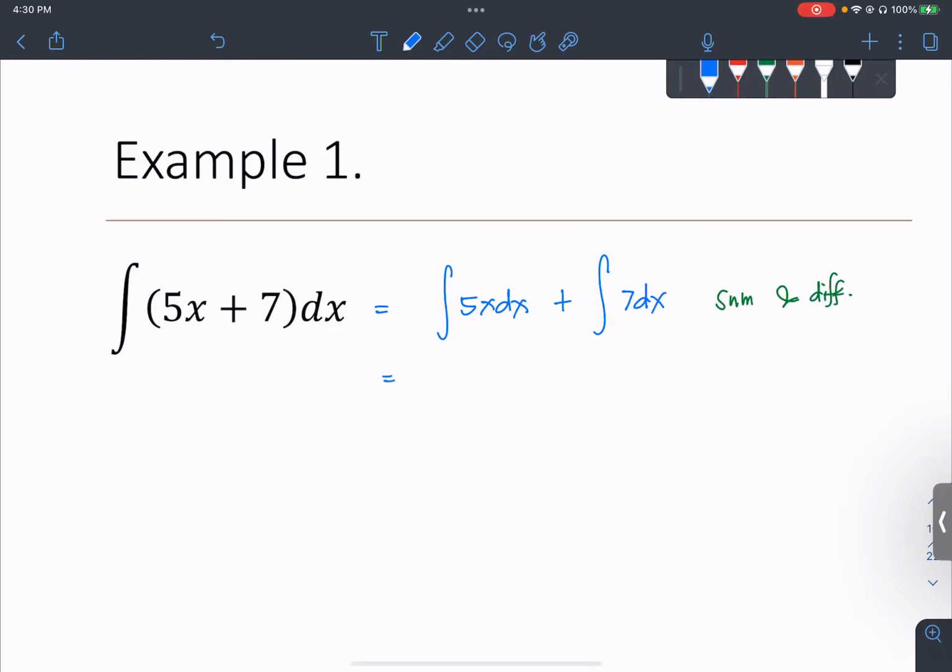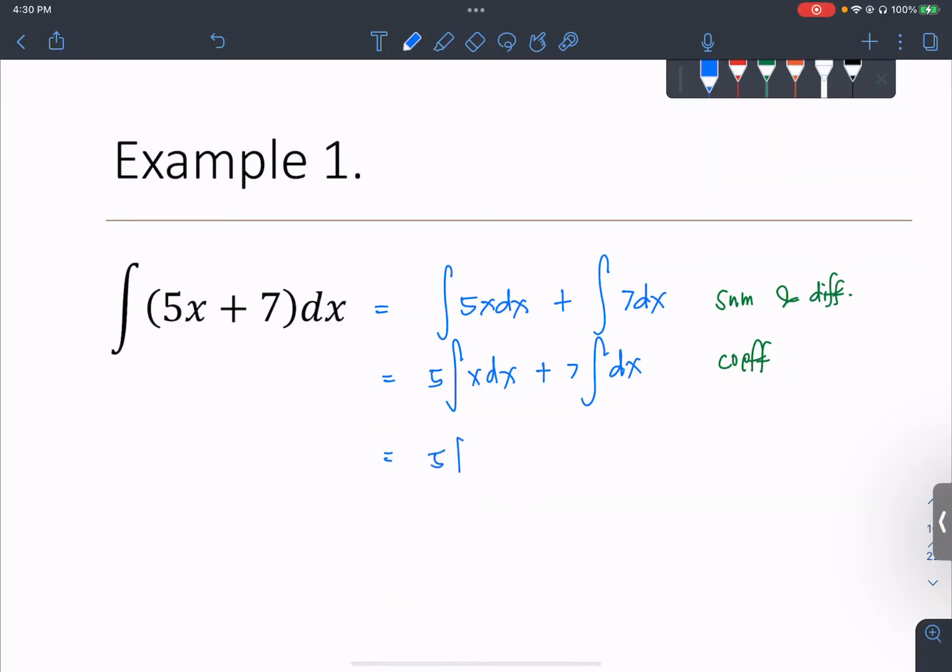The second one is the coefficient rule. We move out the coefficient, so 5 times the integral of x dx, plus 7 times the integral of dx. So this is the coefficient rule. And the next one, we can use the power rule.